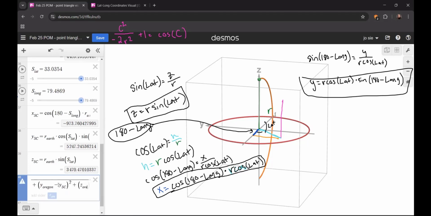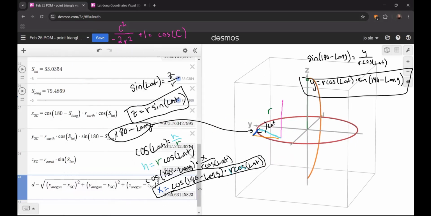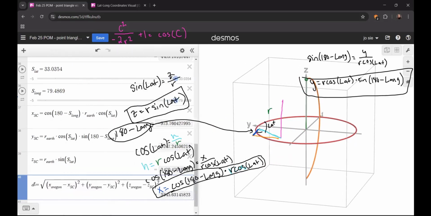And the difference of the z-coordinates, oh, square that. So there we have the distance is equal to the square root of the difference between each coordinate squared.